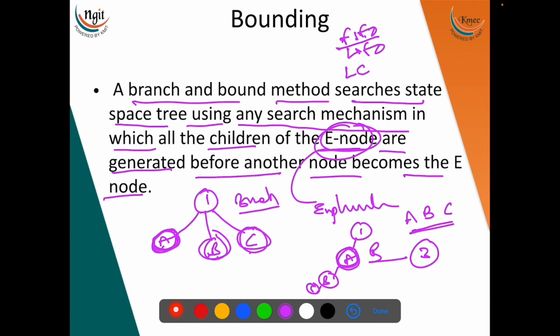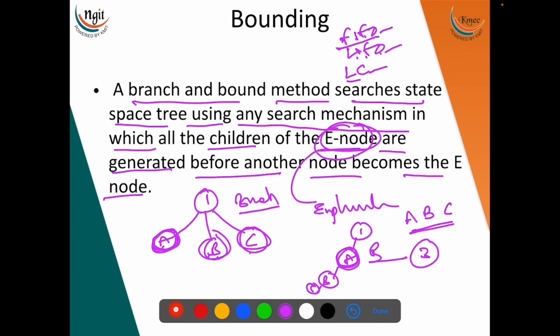FIFO, first in first out branch and bound, last in first out branch and bound, and least cost search branch and bound. These are the three different strategies using which we generate the state space trees.